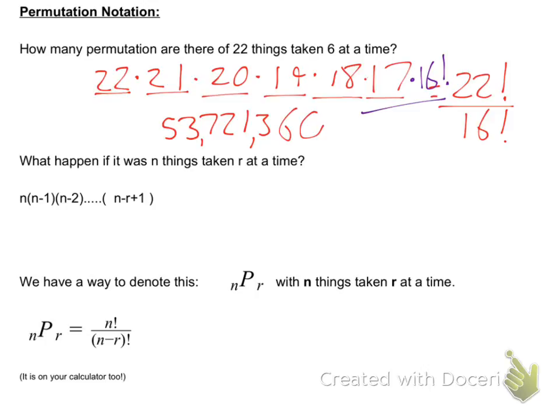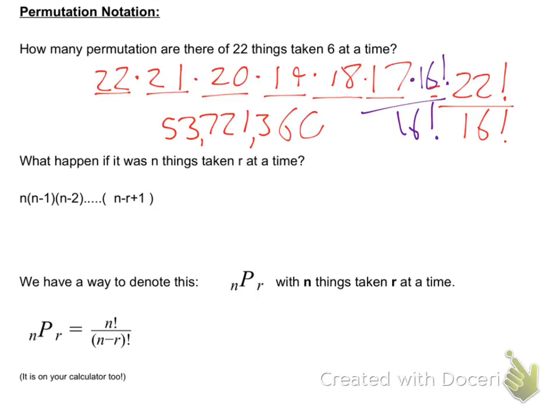And then if I multiply the top by 16 factorial, I have to multiply the bottom by 16 factorial. Those technically would be multiplying by 1. So I get 22 factorial divided by 16 factorial, which leads you to 53,721,360. Cool.